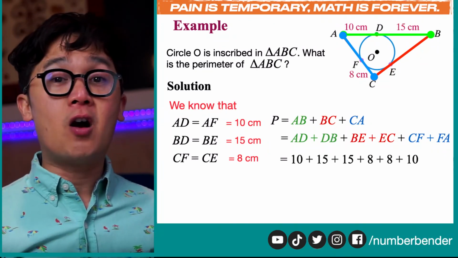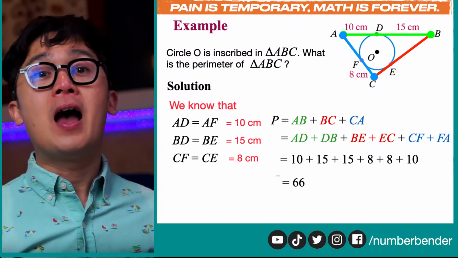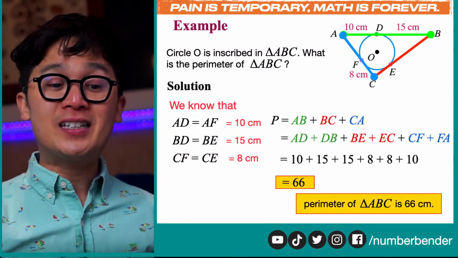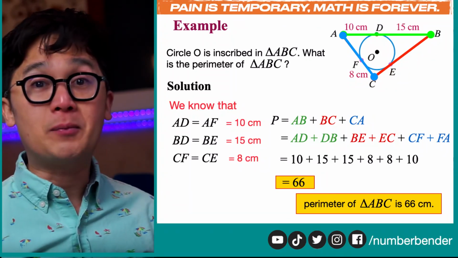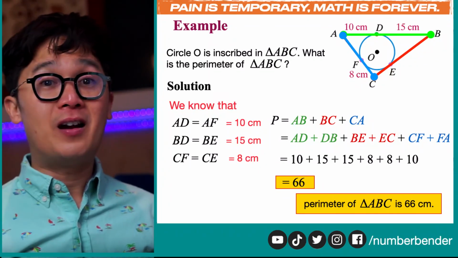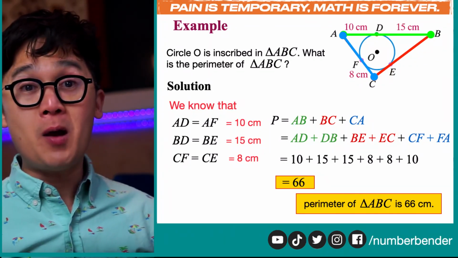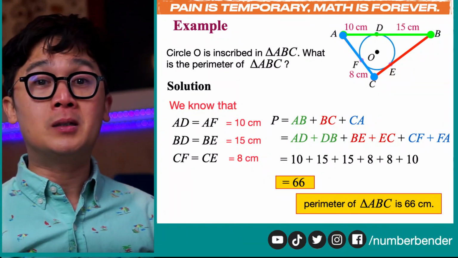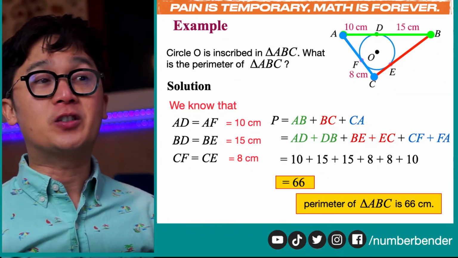And by plugging it all in and adding them all up, our perimeter for triangle ABC is equal to 66 centimeters. So this is why it's important that we know our theorems, especially in geometry, to be able to formulate the equation that will help us solve for the values of x.